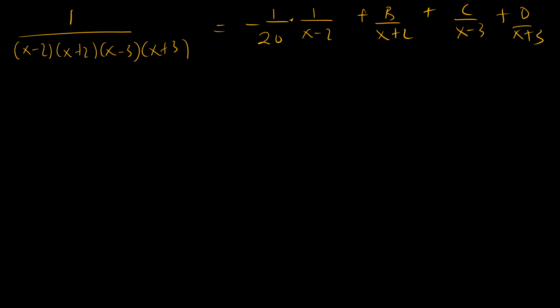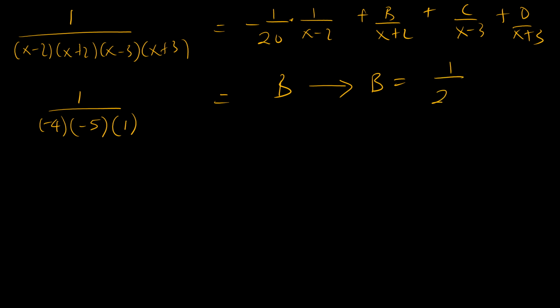So for b, we'll just have to multiply by x plus 2. And so what that means is when x equals -2, we have 1 over -4, -5, +1 equals b. That means that b is equal to 1/20.